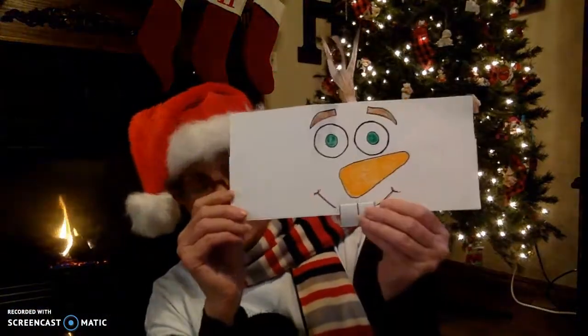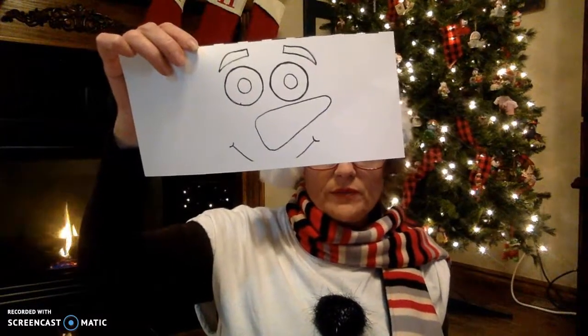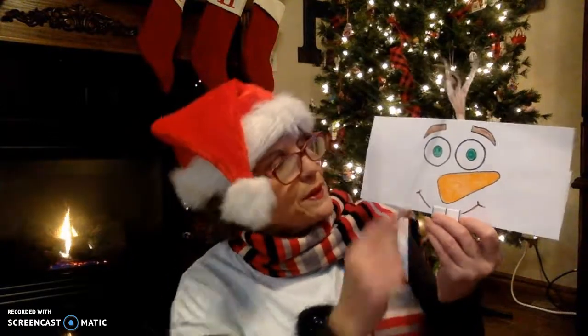Okay, so you are going to color this part right here, okay? Does not have to be the same color that Olaf is, okay? I colored his mouth red. I colored his nose orange, the middle of his eyes green, because that's what Mrs. Hensley's color of eyes are. Well, they're actually hazel.